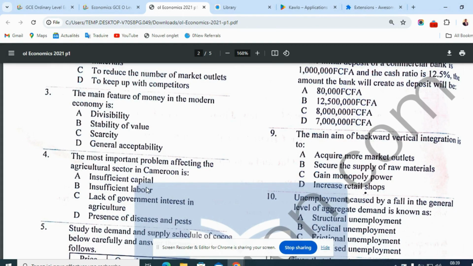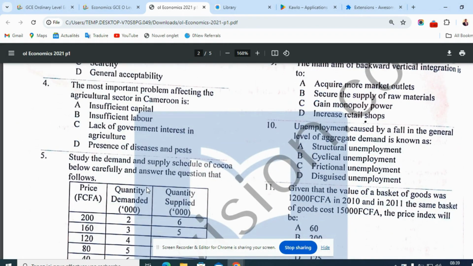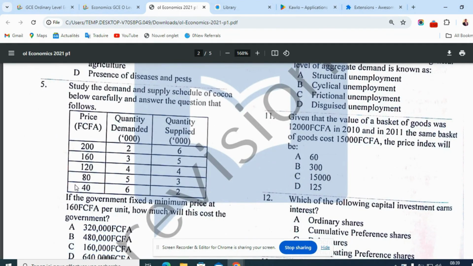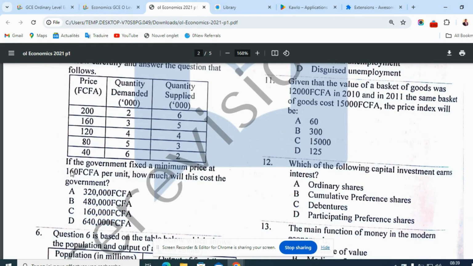Now the next question says that study the demand and supply schedule of cocoa below carefully and answer the question that follows. So here we have the price, we have the quantity demanded, and we have the quantity supplied. Now it says that if the government fixed a minimum price at 160 francs per unit, how much will this cost the government?